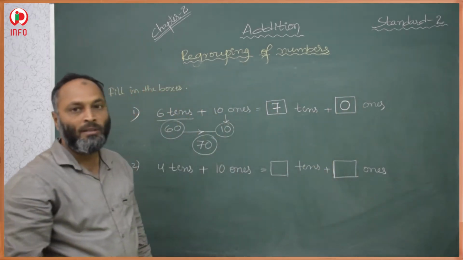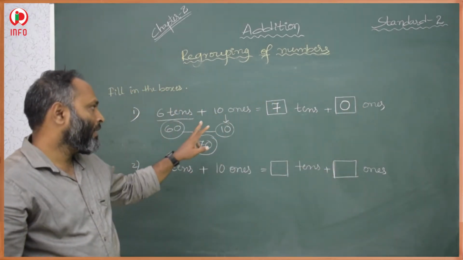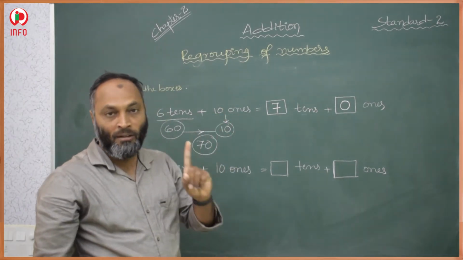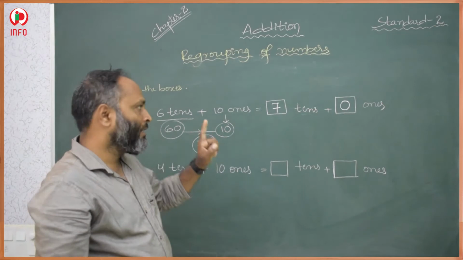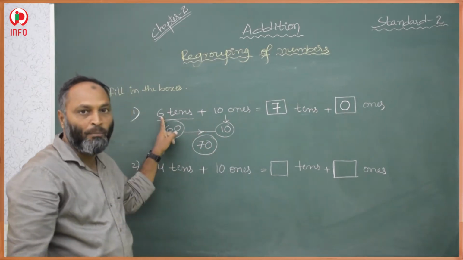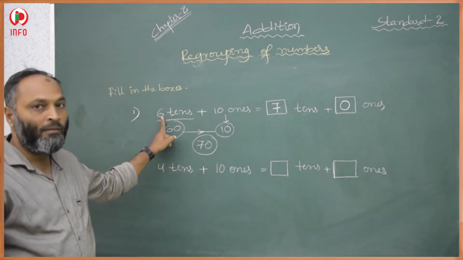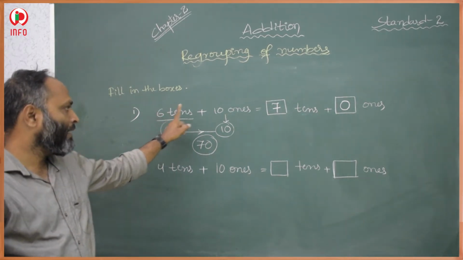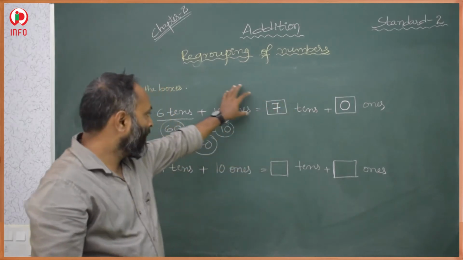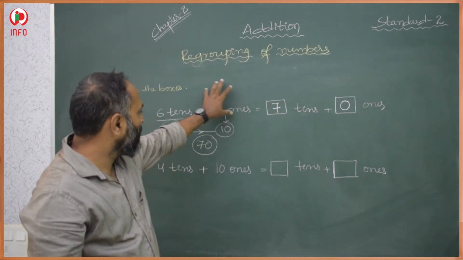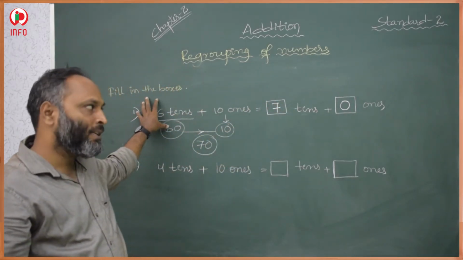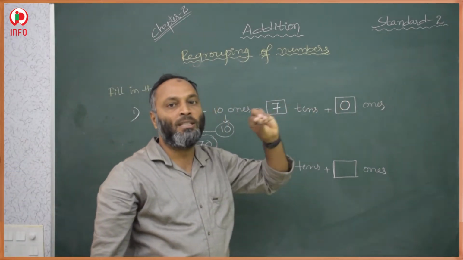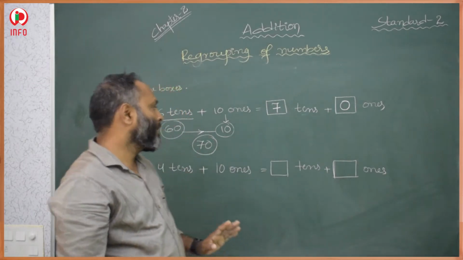So remember one thing: if 10 ones is there, then 10 ones make 10, and we increase the tens by one numeral, so it becomes 7 tens. These 10 ones are added to the 6 tens, it becomes 7 tens, and nothing is left in ones, so 0 ones. This is the procedure.